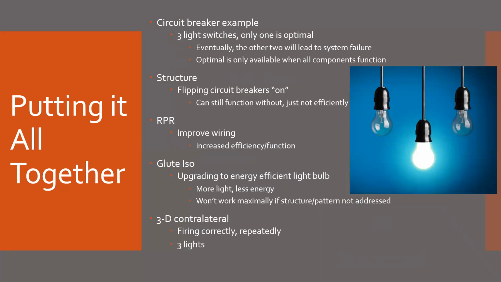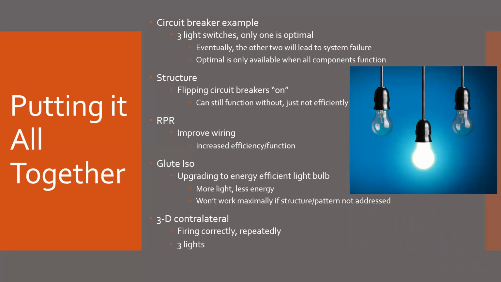So a quick example I like to use is home improvement. For our athletes, it's the easiest way for them to understand it. Basically, you're thinking the 3 hip extension firing patterns are 3 different light switches, and only one of them is optimal.